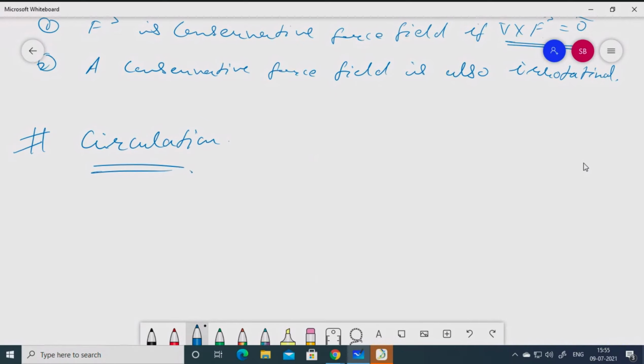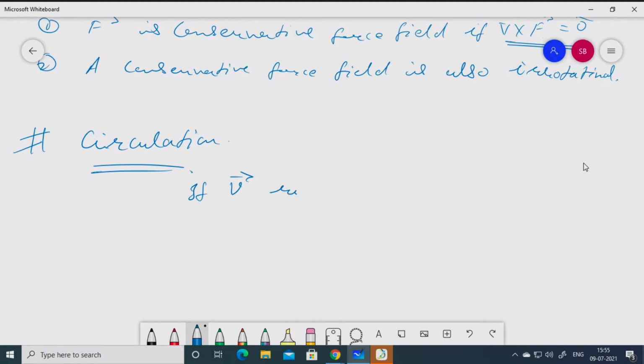When this will happen? In this case you will still calculate the line integral of f bar dot dr bar only, but here f bar represents a velocity vector. Since velocity generally we denote by v, instead of writing f, I'm writing v here.